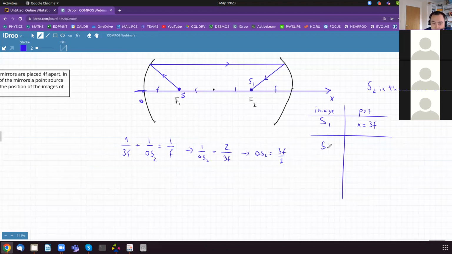So S2 has position x equals 3f over 2. Okay, now S3. 3f over 2 is 1.5 f, so that's going to be here. So S2 is here. Now we need the image of S2.